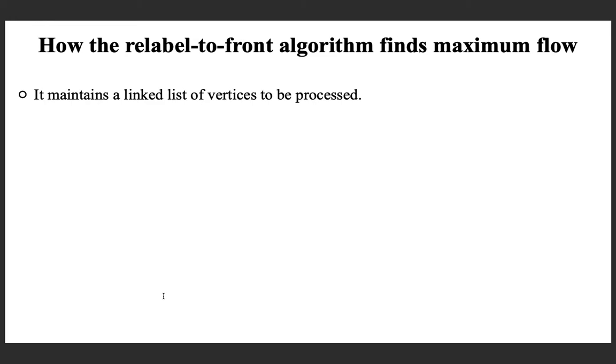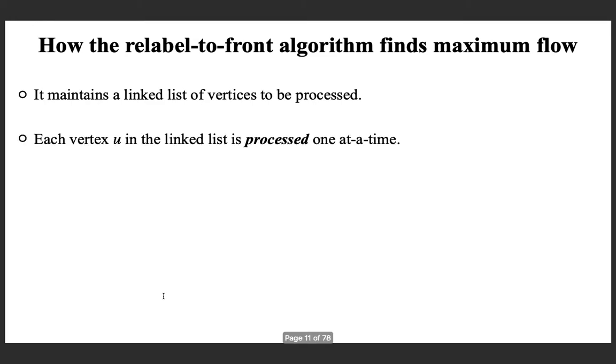That is what a push relabel based algorithm does. So we maintain the intermediate vertices as a linked list, and each vertex u in the linked list is processed one at a time. It will take one intermediate vertex with an excess flow, and that excess flow will be completely discharged before selecting the next one.